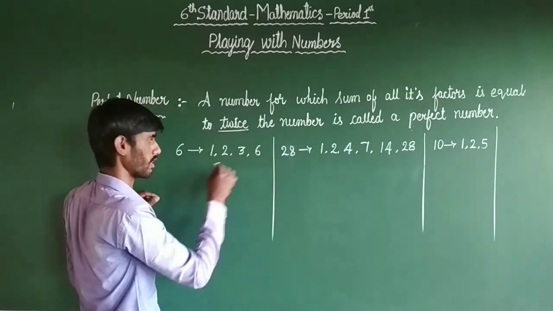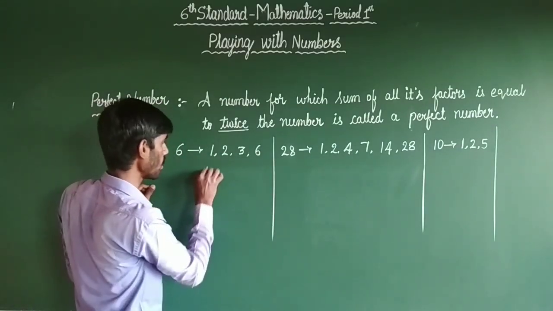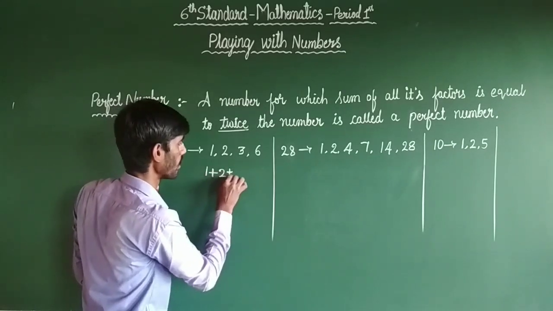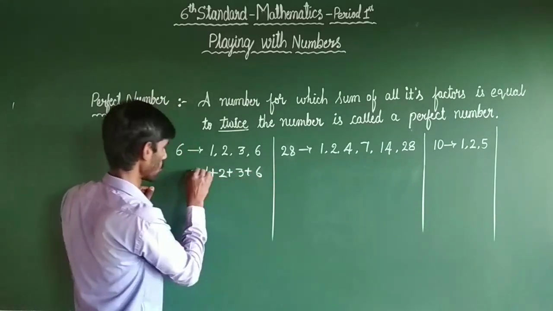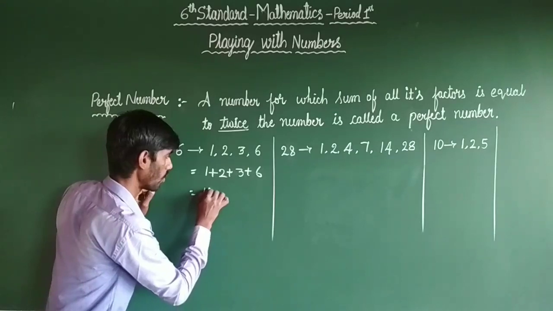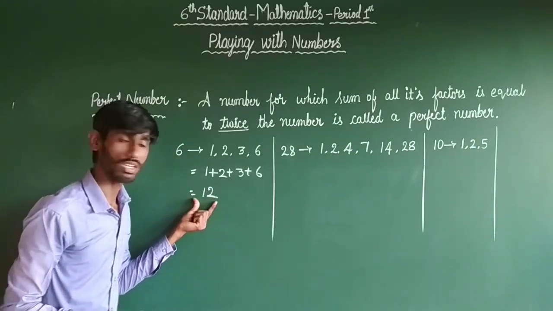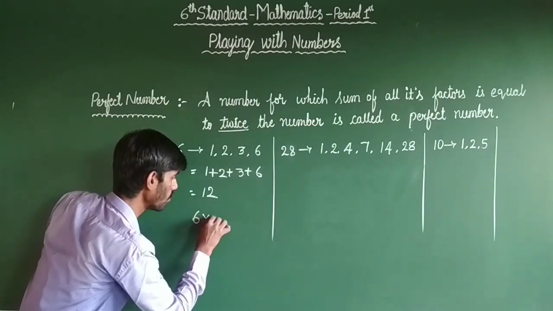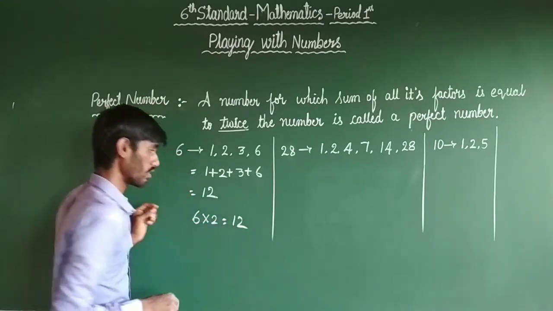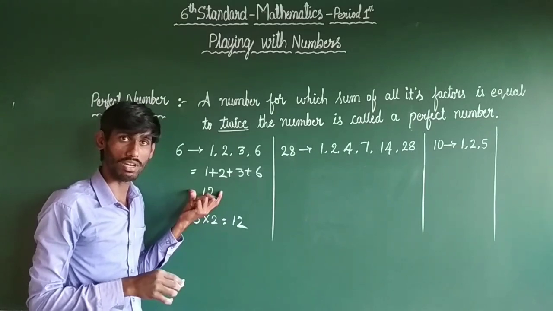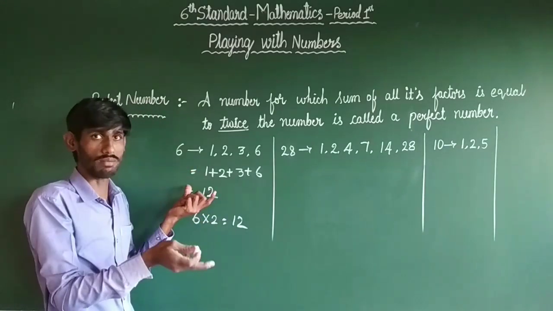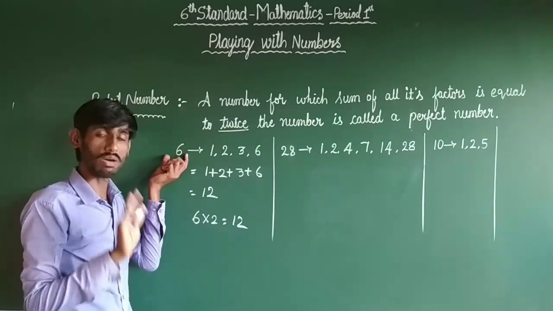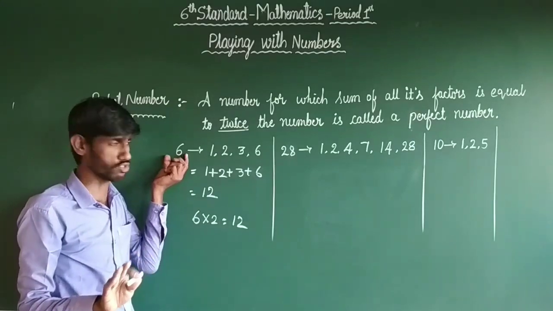If we add the factors of the given number, 1 plus 2 plus 3 plus 6, finally we get 12. See, it is 2 times 6, isn't it? I mean 6 into 2 is equal to 12. So if we get this type of sum, exactly twice the number, we call the given number a perfect number. Are you clear, Chotu?